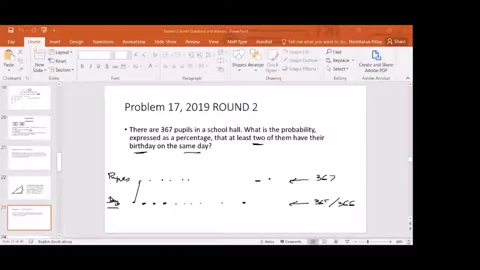It needs to be explained. So assume no two pupils have the same birthday.